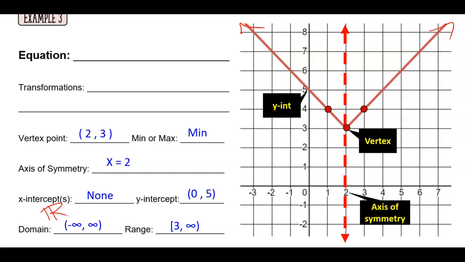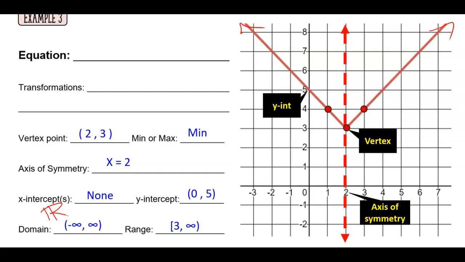Now, you tell me, has this been vertically stretched or compressed or neither? What do you think? Look at how much it goes up and over. Let's start at the vertex. It goes up 1 over 1. Up 1 over 1 is actually normal, like the parent function.